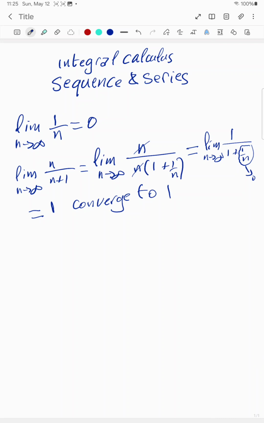When the limit of a series, when n goes to infinity, has the numerator going to infinity and the denominator going to infinity, this is undetermined, then I can apply L'Hospital's rule. The rule is: I find the derivative of the numerator and the derivative of the denominator. Let's take an example.